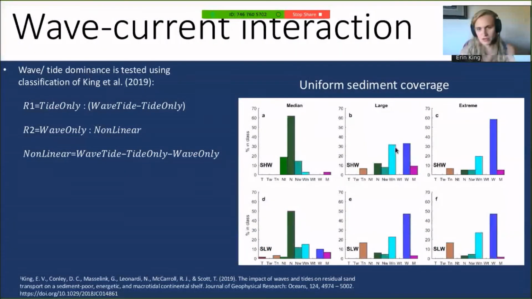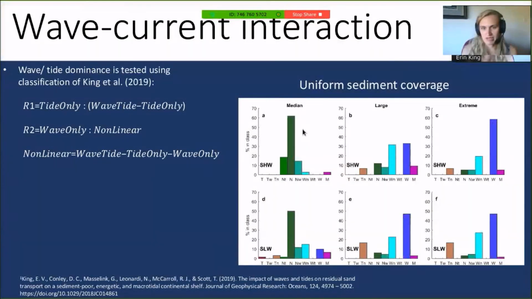So here is for uniform sediment coverage. We have spring high water at the top and spring low water at the bottom. From left to right, we go from median waves to large to extreme. We see for the energetic conditions, the large and extreme waves, everything's in the blues, so it's wave dominated and these parameterizations should apply.